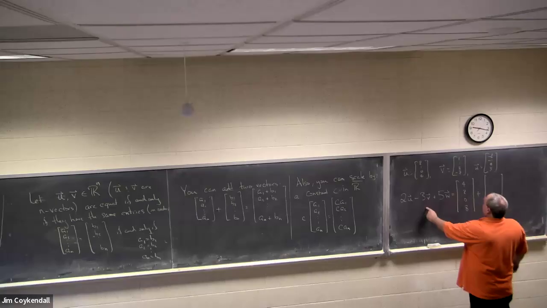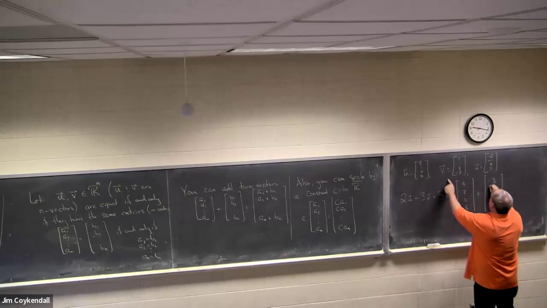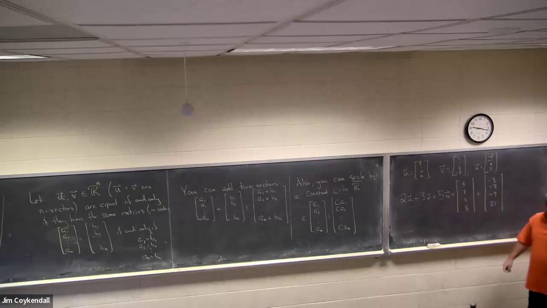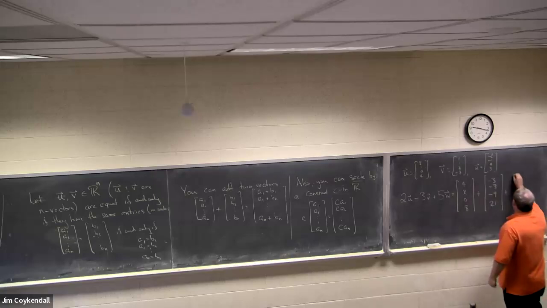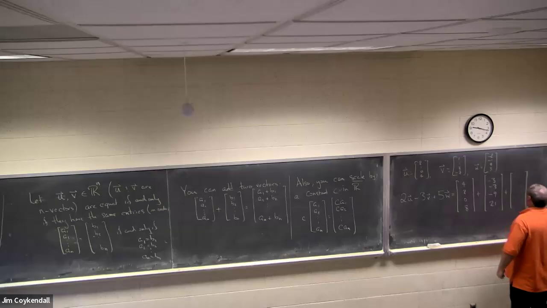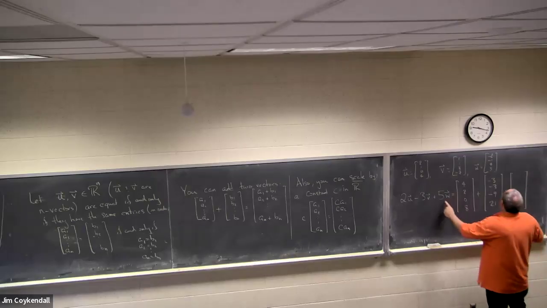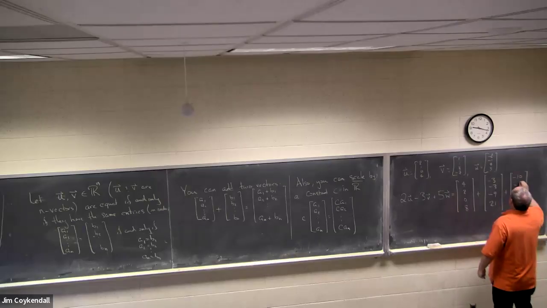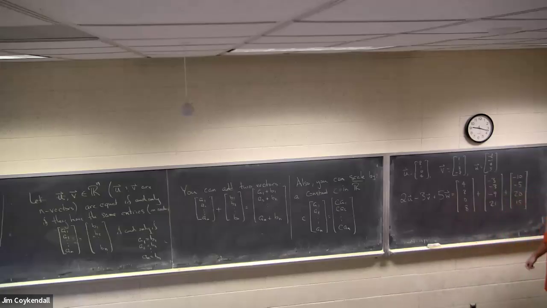And so minus 3 times V is minus 3, minus 3, minus 9, 21. Everybody okay with that? And 5W is minus 10, minus 5, 20, 15. Right?